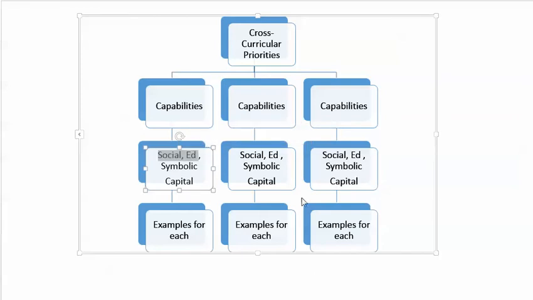We will look at the outcomes for a particular capability and say which ones we can engage in order to enhance students' educational capital, symbolic capital, and social capital, right? So we will just do that. Social, educational, and symbolic capital. And I wish I could spell, but thank God nowadays this is how it works.